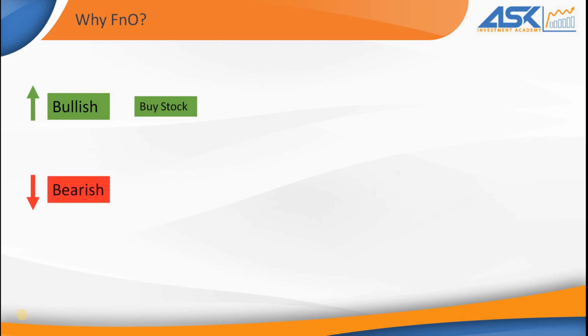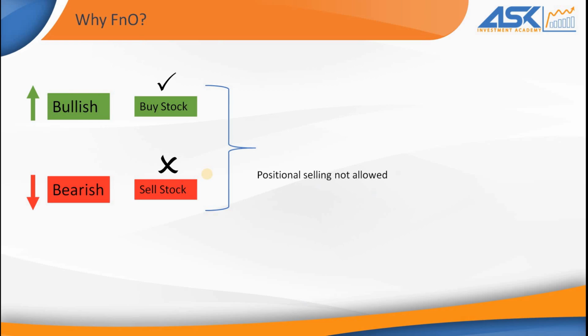If you predict the stock price is going to fall in the near future, then you can short sell a stock in intraday. That means you can sell the stock first and buy later. But your broker will not allow you to short sell a stock in delivery. You cannot short sell a stock in positional.